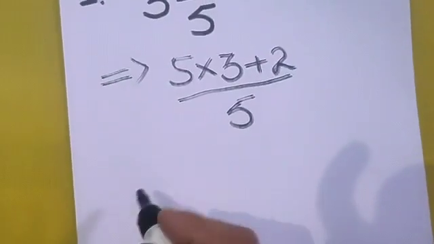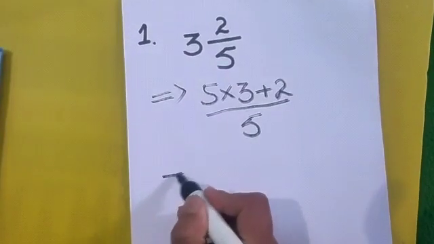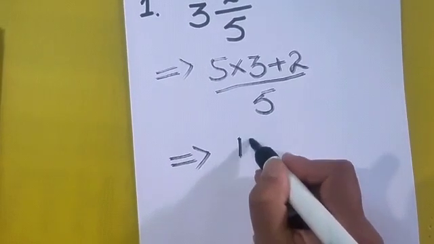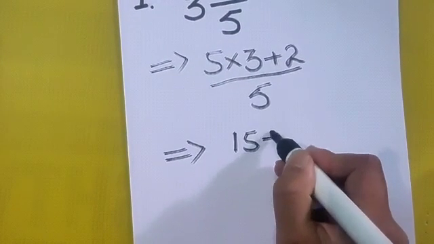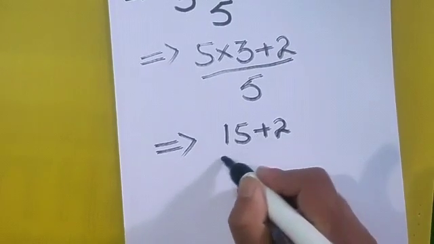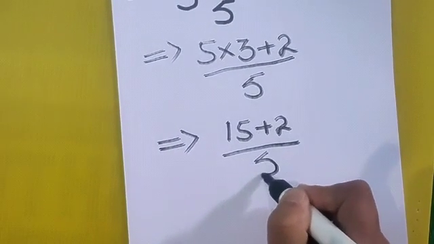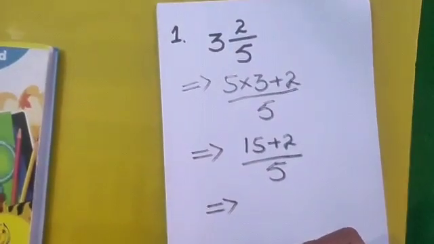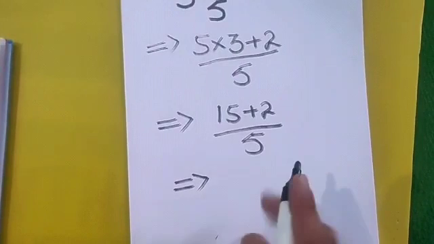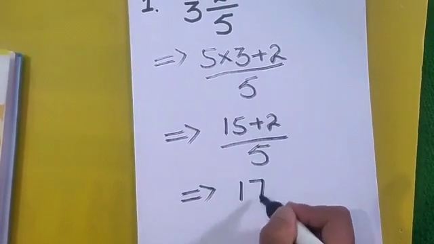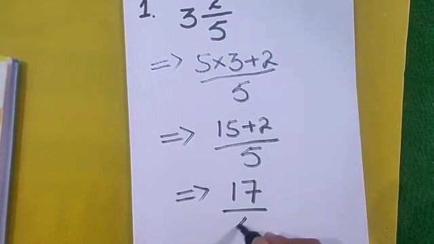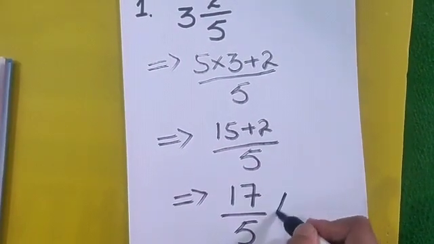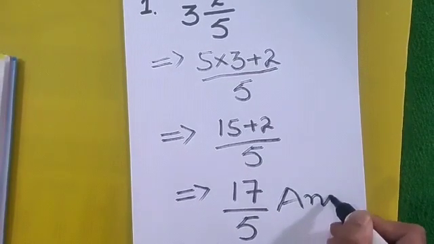Now first of all we will multiply: 5 times 3 is 15, added 2, and denominator is 5. Now 15 added 2 is 17 and the divisor is 5, so our answer is 17 upon 5.